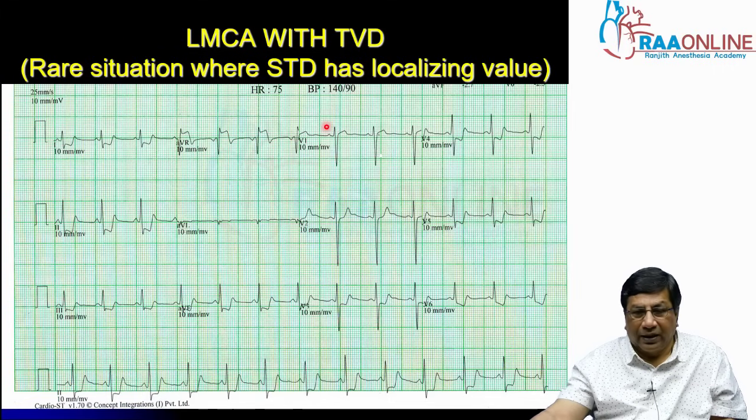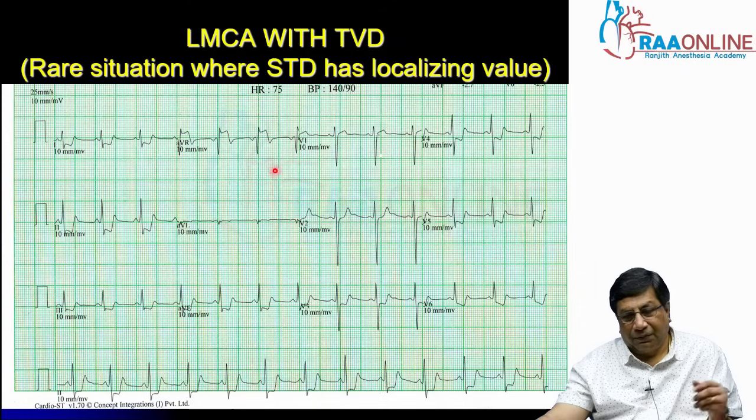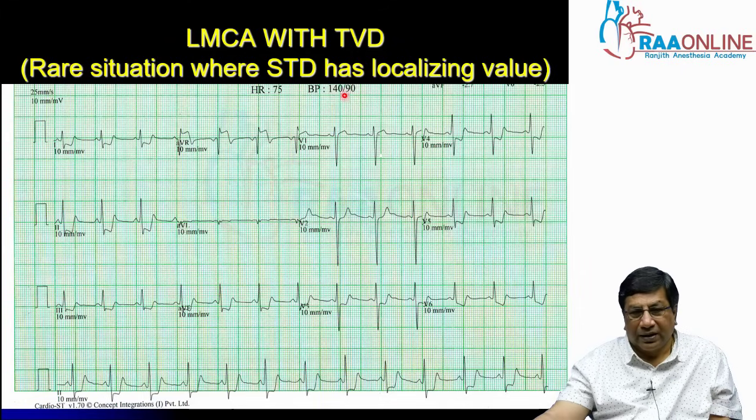So once again, in addition to this, you can see that I have ST segment depression in anterior leads. I have ST elevation in AVR. Okay, I can diagnose left main. But if the ST depression is occupying more than 5 leads, with ST elevation in lead AVR, it not only means a left main occlusion, it also means the patient has got triple vessel disease.